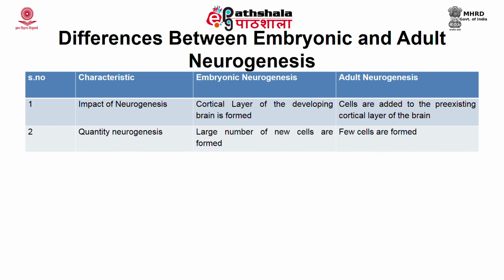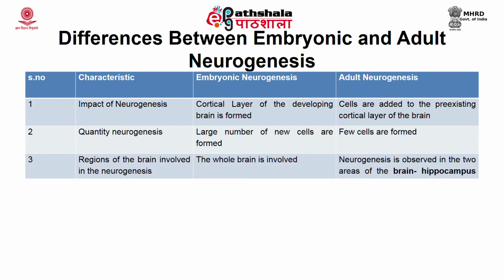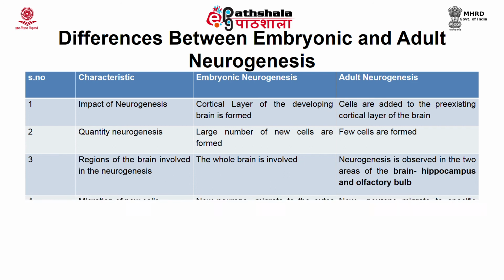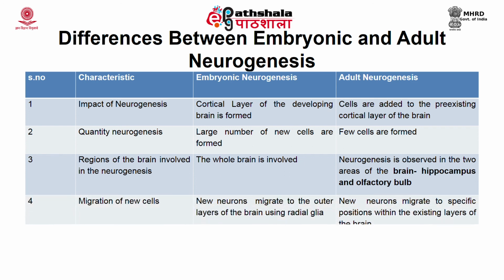If we look at the regions which are participating in neurogenesis, then in the embryonic neurogenesis the whole brain is involved, whereas in the adult neurogenesis we see only two areas which have been shown to show neurogenesis, that is hippocampus and the olfactory lobe. If we look at the migration of new cells, in the embryonic neurogenesis, new neurons migrate to the outer layers of the brain using radial glial cells.